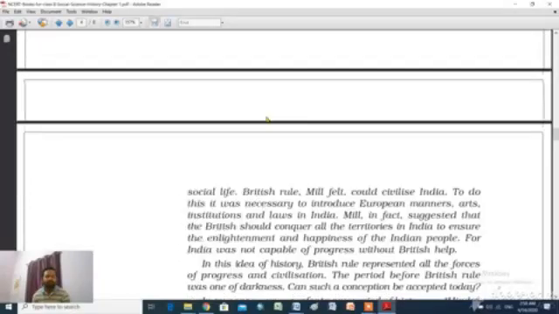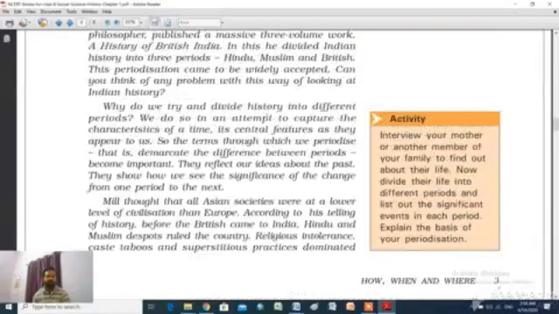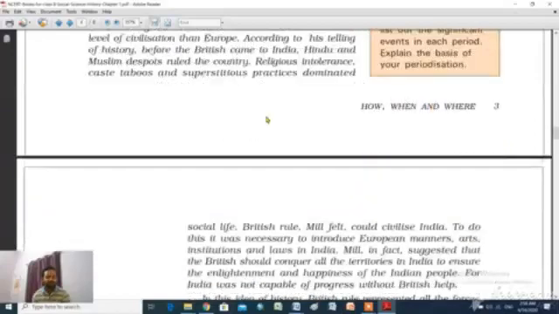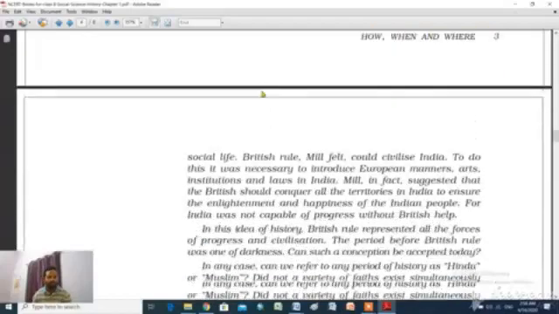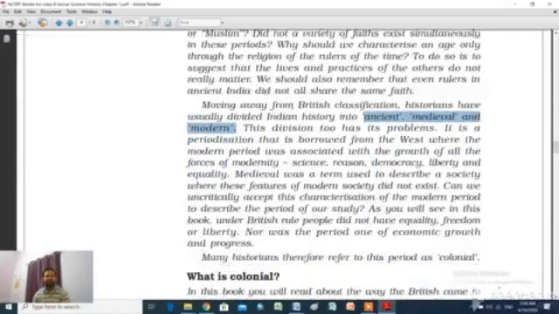So the problem with this division is that he did not mention other groups, and he projected our society in the wrong way. So another division is ancient, medieval, and modern.